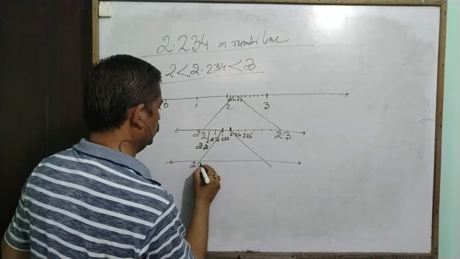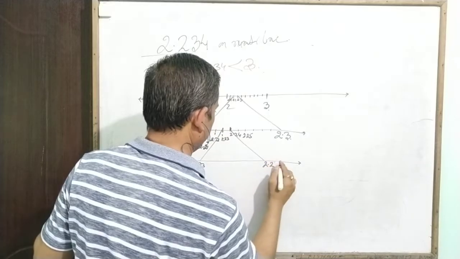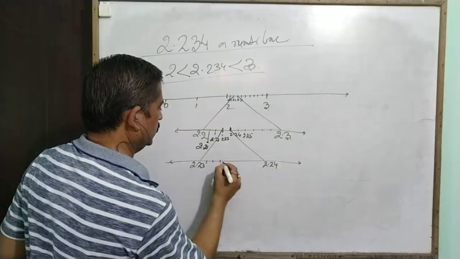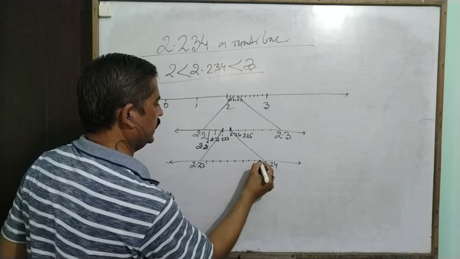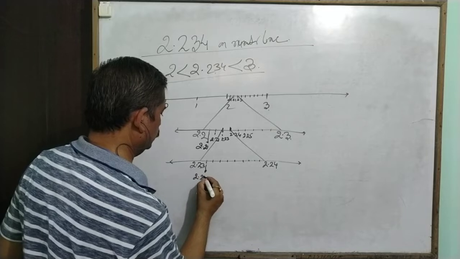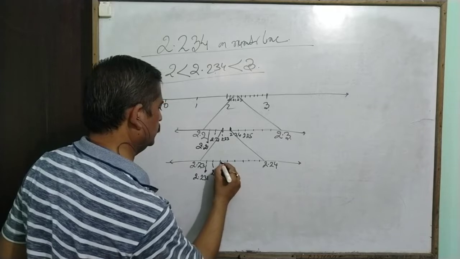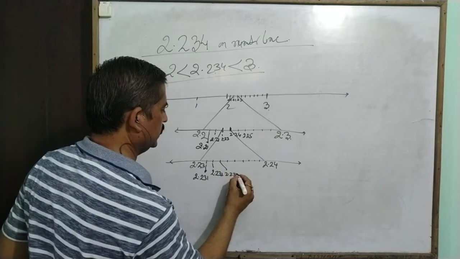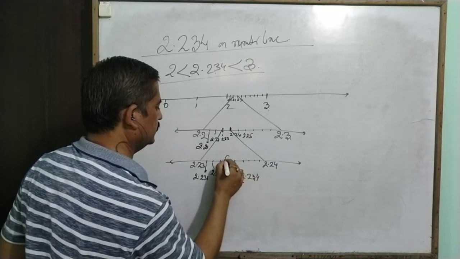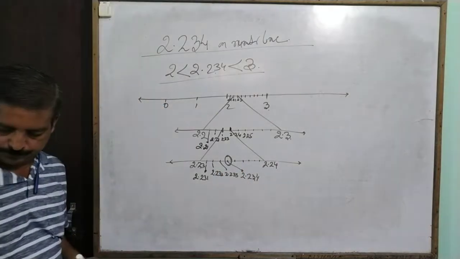So between 2.23 and 2.24, 1, 2, 3, 4, 5, 6, 7, 8, 9. So the first term is 2.231, second is 2.232, 2.233, and that's 2.234. It means the number is 2.234.